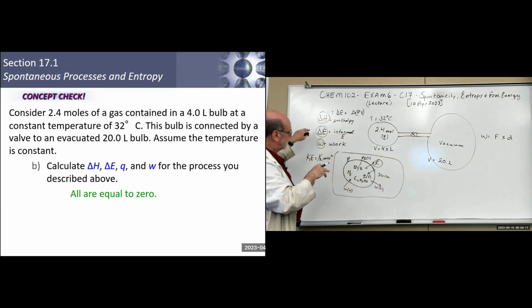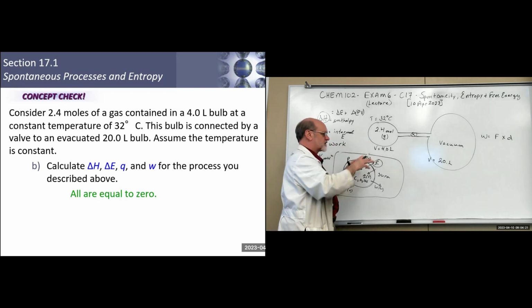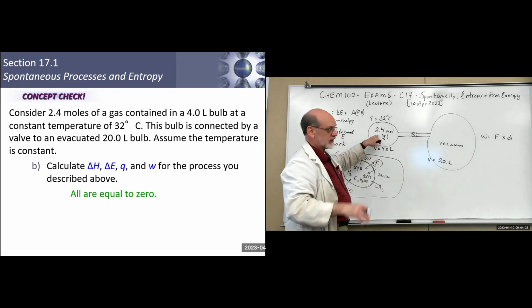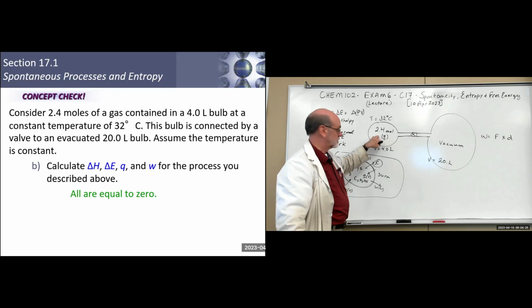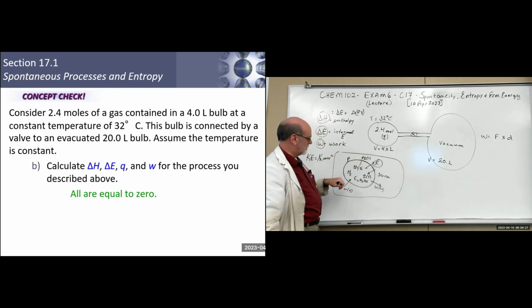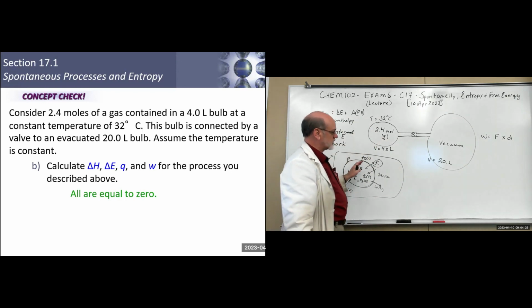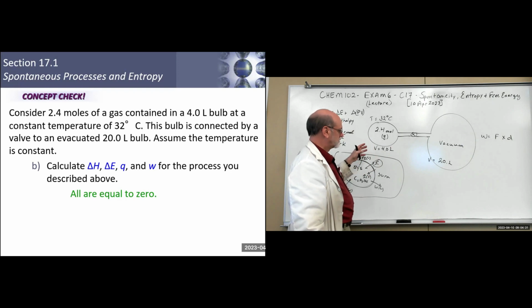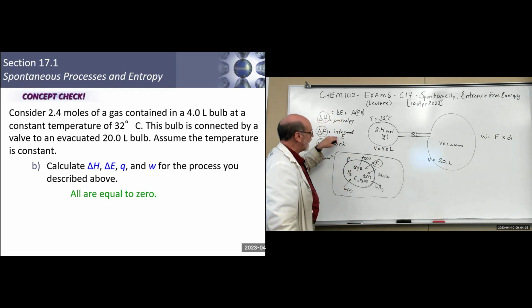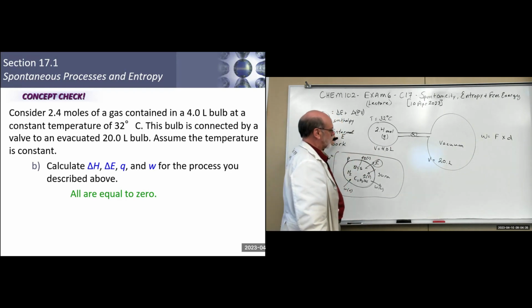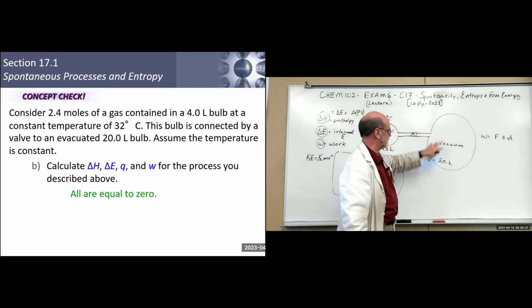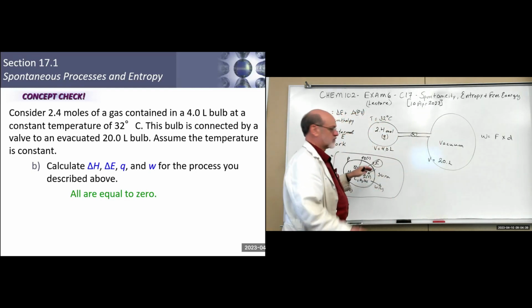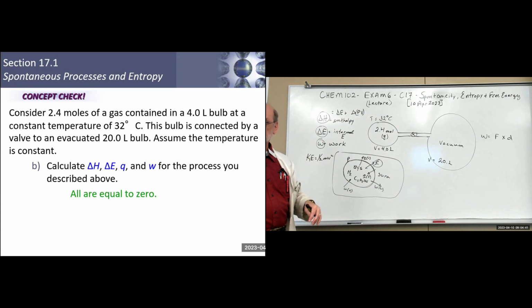But if internal energy is an expression of all the forms of energy that are contained, we didn't do anything with chemical bonds of the gas. The pressure changed, but the volume increased. We did not change anything with reference to the total internal energy of the system. All we did was just rearrange the molecules. Right? So internal energy didn't change.